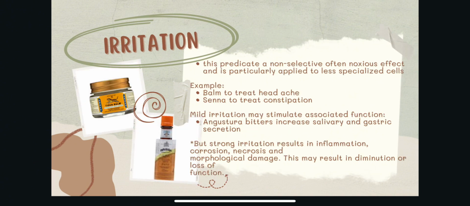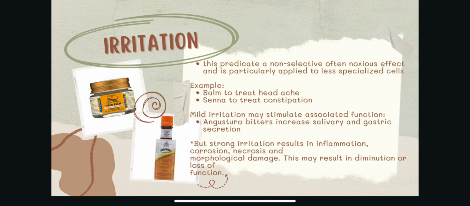And the next one is irritation. This implies a non-selective, often noxious effect and is particularly applied to less specialized cells such as epithelial cells and connective tissues. For example, balm is used to treat headache and senna is used to treat constipation. Mild irritation may stimulate associated function.